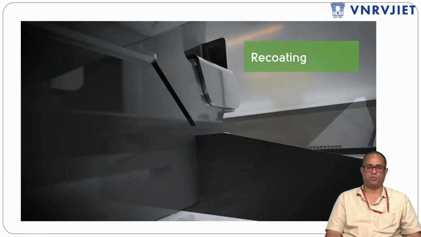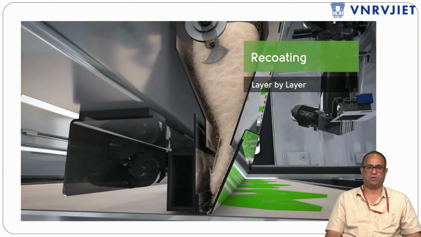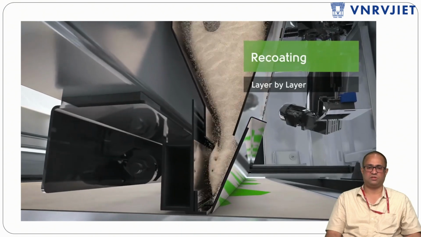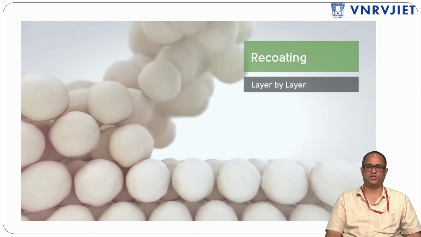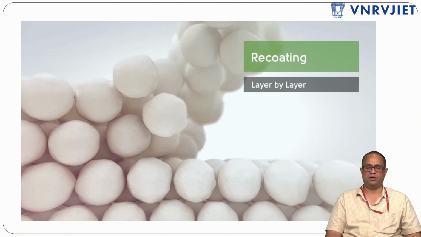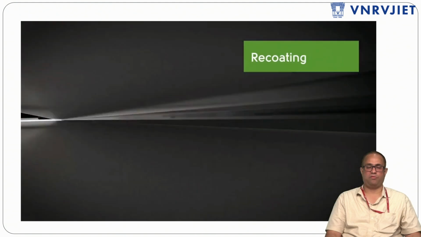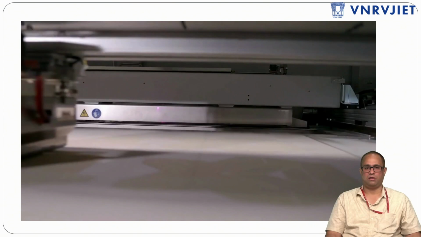Yes, this is how the powder is evenly laid on the build surface. You can see the powder particles. It ensures that layer by layer the powder is spread, and then the liquid binder is applied from the series of nozzles.